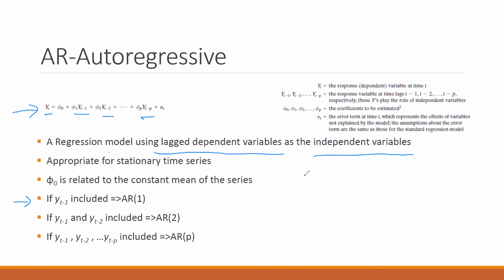And therefore, we're gonna include values 2 periods prior as the X variable and use it to explain or predict the current period value. So we call that AR2, meaning we have autocorrelation at lag 2, and we include both Yt minus 1 and Yt minus 2, the values in the prior 2 periods, okay?